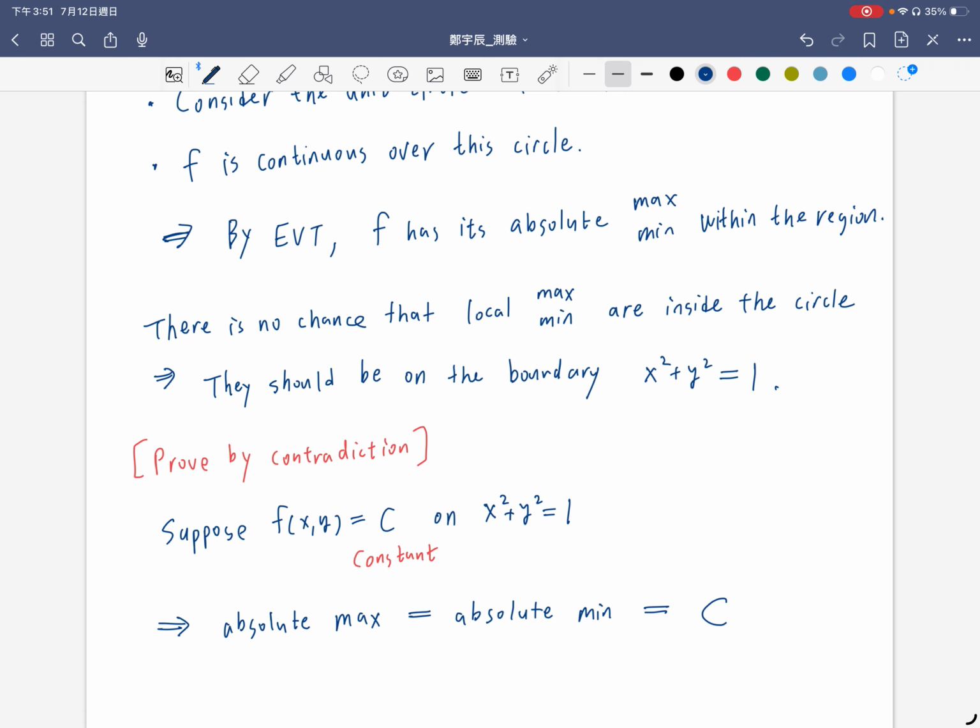The absolute values can only be on the boundary, but the boundary is always a constant. So absolute max equals absolute min equals the constant c.